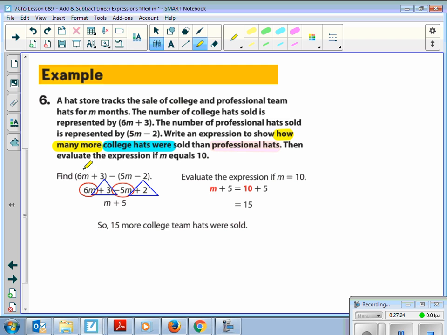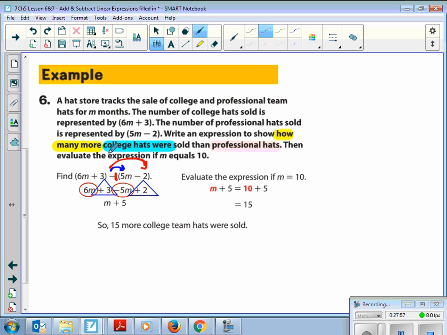For the college hats, that's 6M plus 3, and then we're going to subtract the professional hats, which is 5M minus 2. Now, once again, before we combine our like terms, we have a negative 1 in front of that parentheses, so that needs to get distributed throughout the parentheses. Once we do that, we can combine our like terms, and the expression is M plus 5.